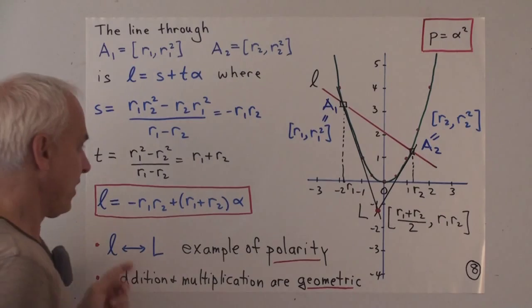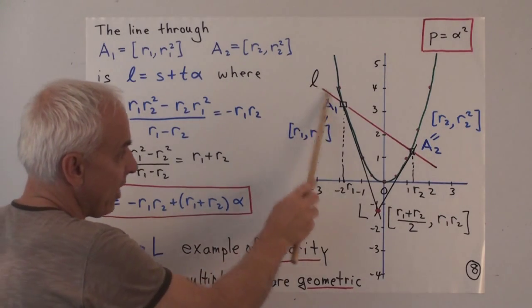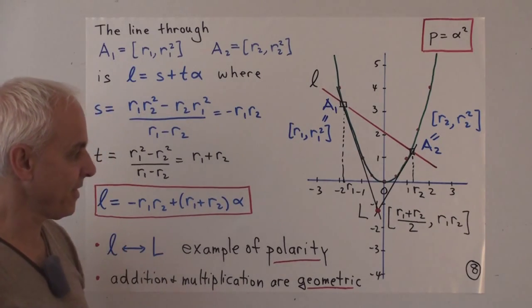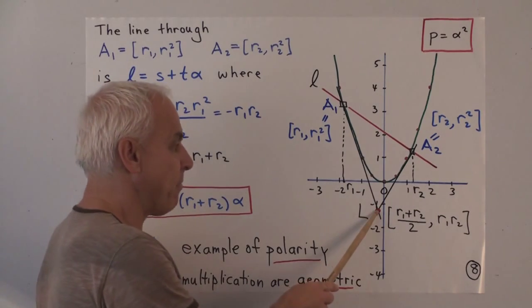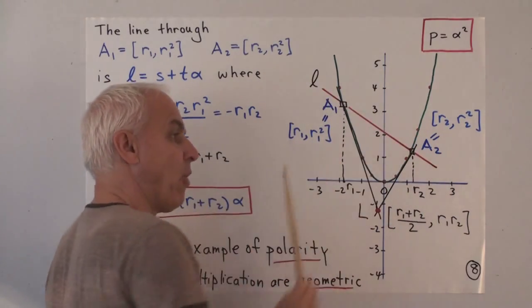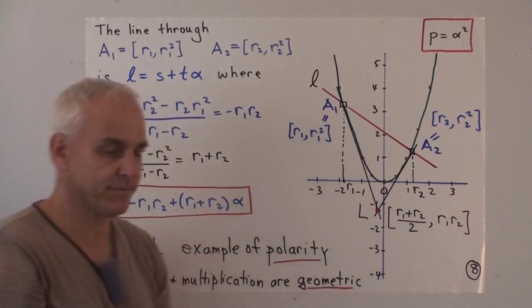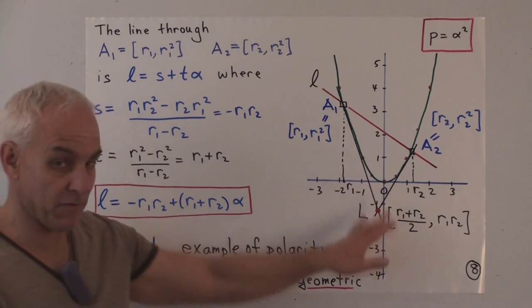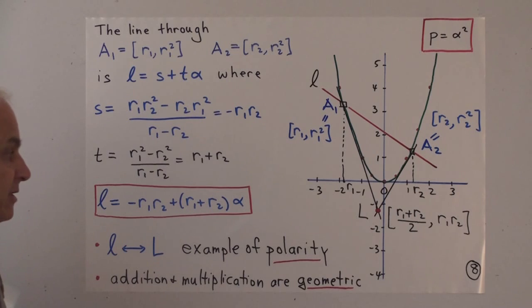And we say that the relationship between this line L and this point L is an example of polarity. So we sometimes say that this is the pole of this line, and we sometimes say that this line is the polar of this point. We'll talk a little bit more about that in future videos. That's an important concept, so you're seeing it here for the first time in this simple case of this parabola.